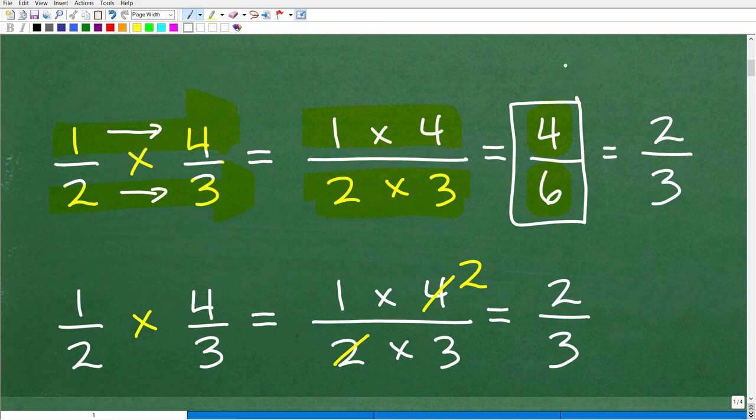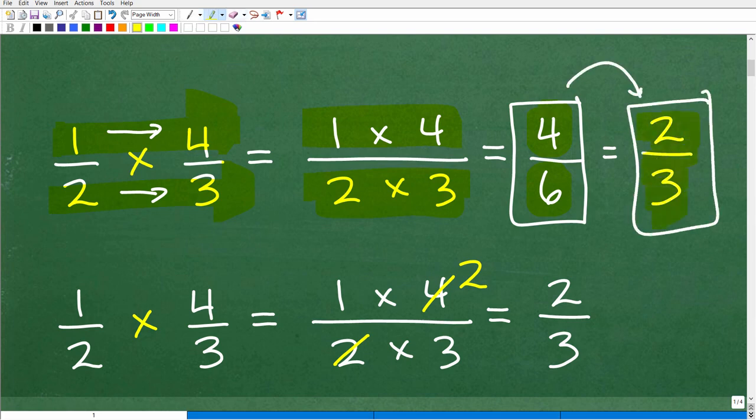Of course, that's a separate discussion, but 4/6 can be reduced to the fraction 2/3. So always leave your answer in its most simplified manner. Now let's take a look at the same problem and talk about how you can reduce or simplify your answer as you do your multiplication.